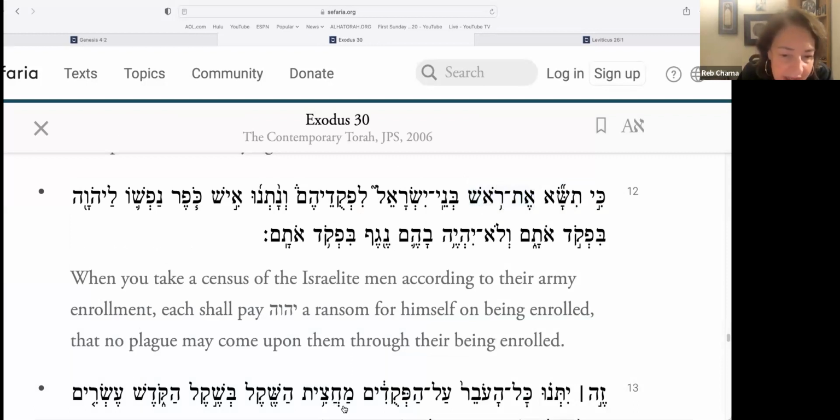Now we're going to see something very interesting. We're going to see this word root, Pei Kuf Daled, three times in this sentence. And each time it's being translated in a different way. So what I want us to look at is there are three different verbs here that I think are very interesting to look at. This one is here too.